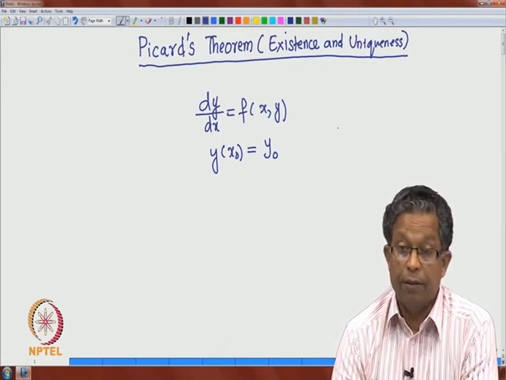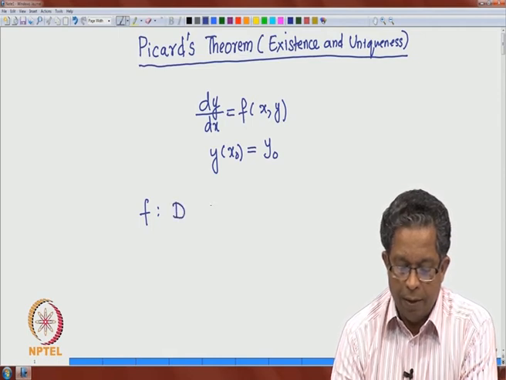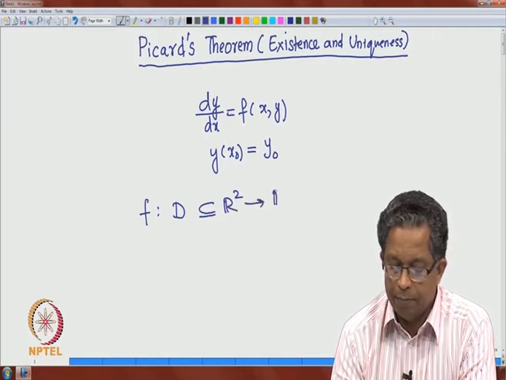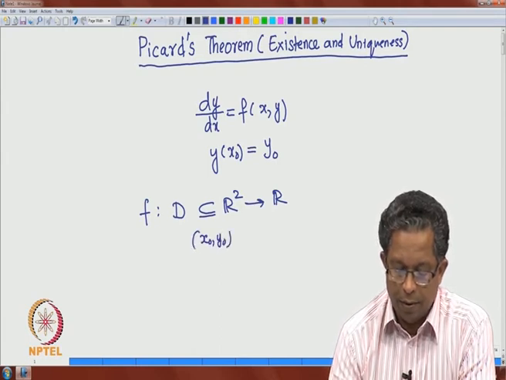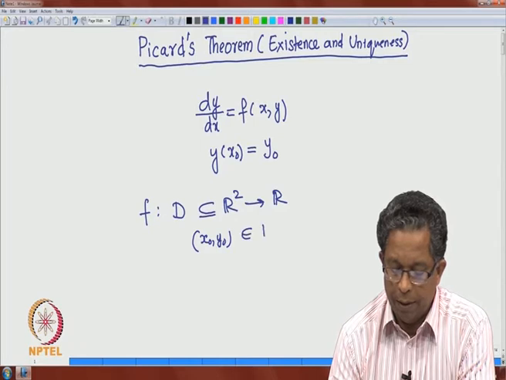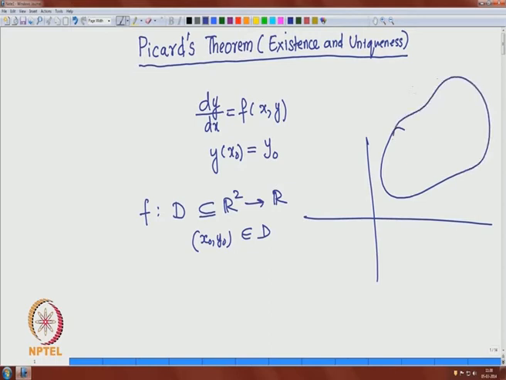where f is a function which is defined on a domain D, a subset of R2, to R, and x 0 y 0 is a point, an interior point inside D. This is x 0, this is point y 0.